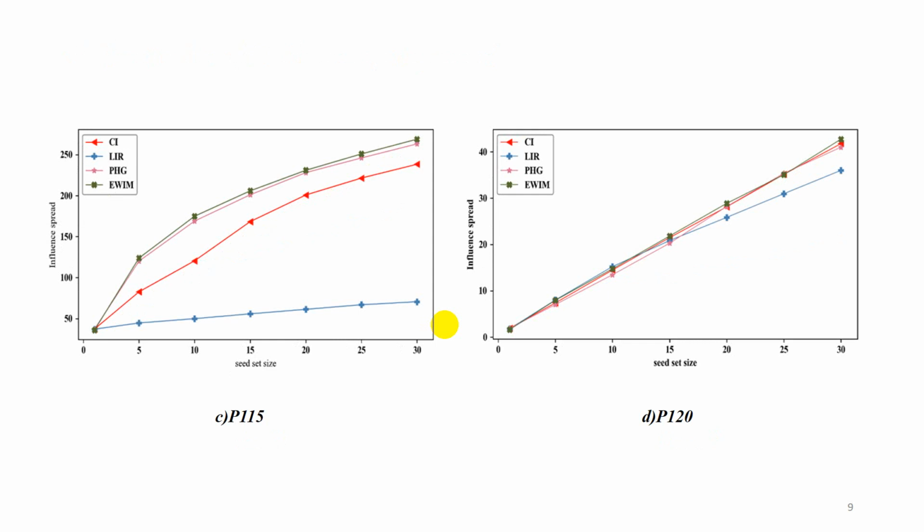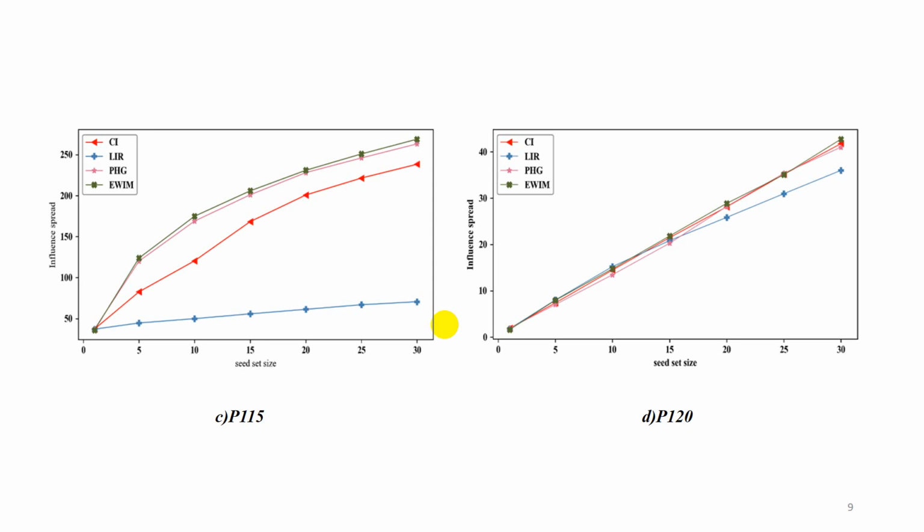And also, Figure C indicates the P150 dataset. The proposed algorithm has the highest value, and both CI and PHG algorithms are placed at a distance from each other. The LIR algorithm can be seen at the bottom of the graph.